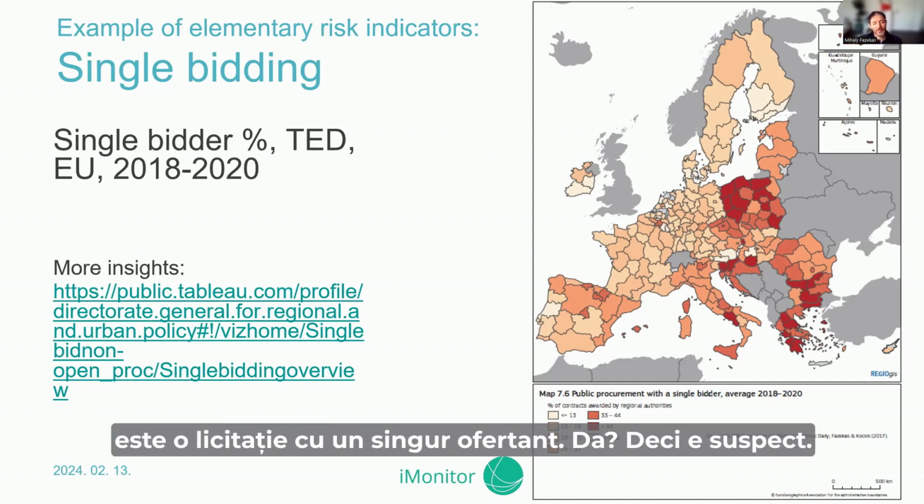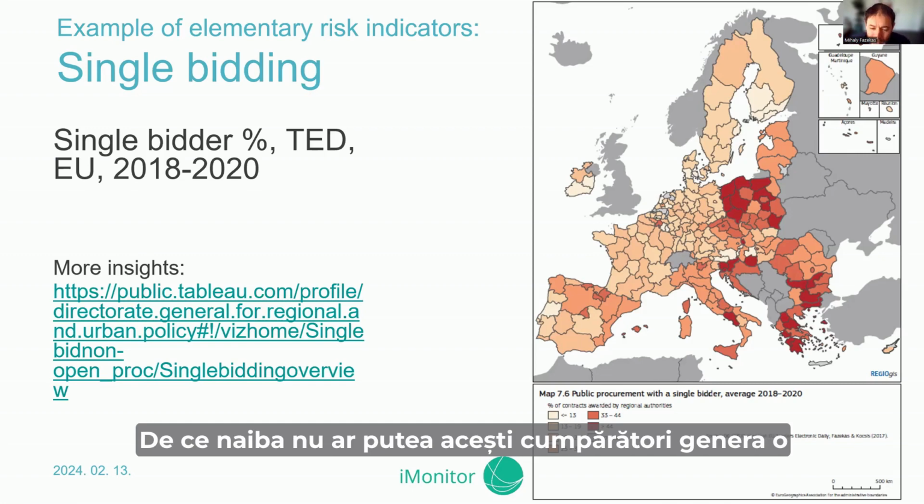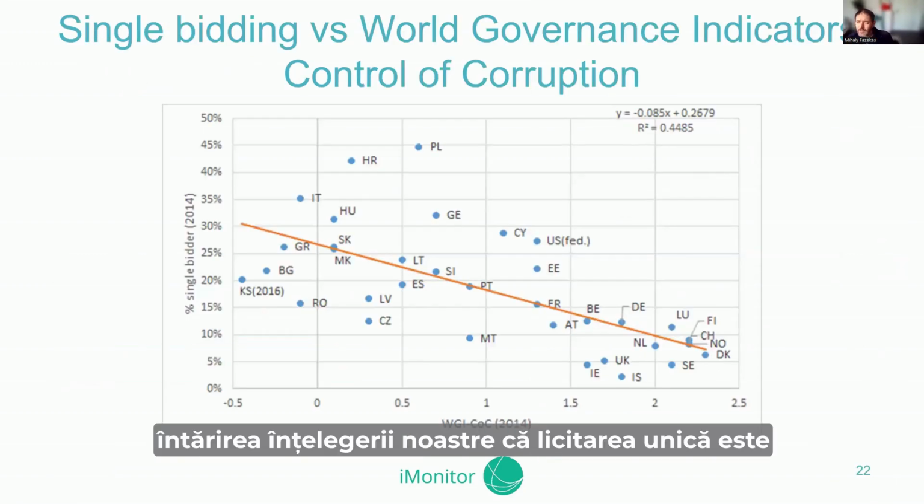So that's suspect. Why on earth couldn't these buyers generate meaningful competition for standard goods and services when we know that there are companies on those markets? So this strengthens our understanding that single bidding is linked to, correlated with, approximating corruption.